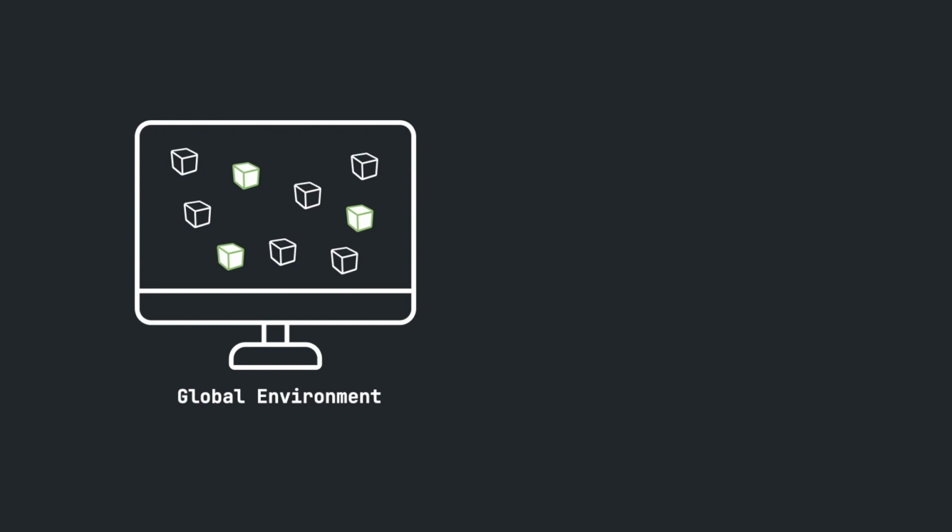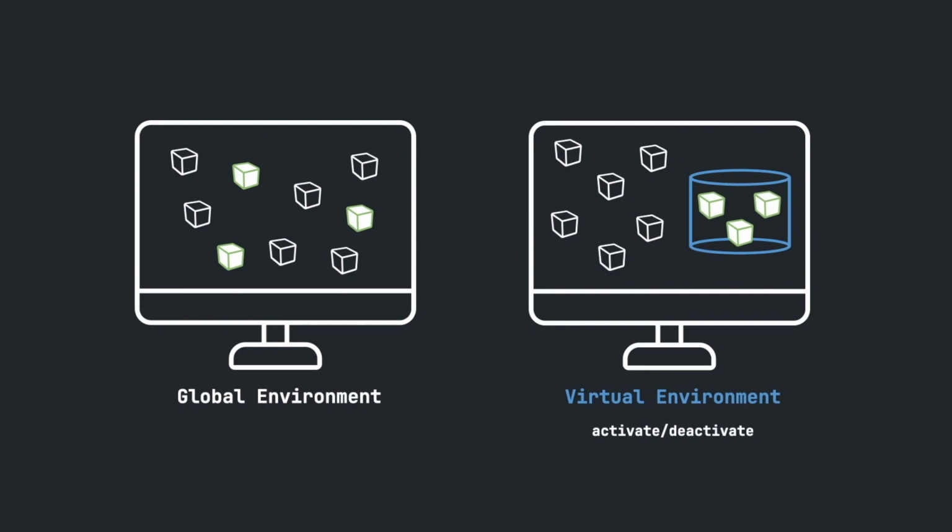That's why it's important to keep each project and its dependencies with their specific versions isolated and organized. This is where virtual environments come in. A virtual environment is an isolated environment where we can install applications specific to a particular project without interfering with other programs installed globally. However, we need to activate the virtual environment to make our programs work.